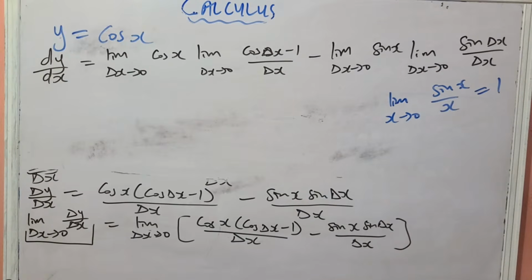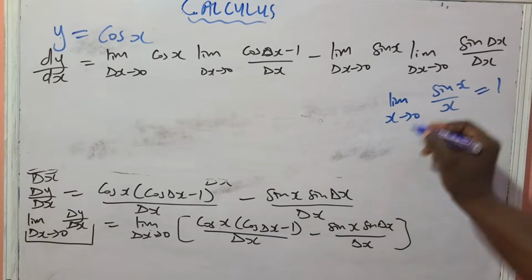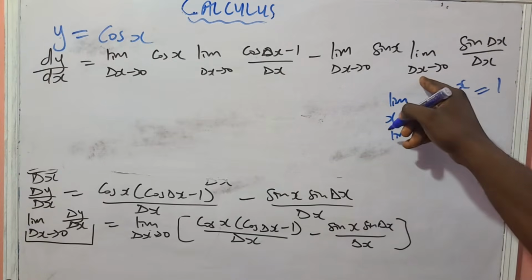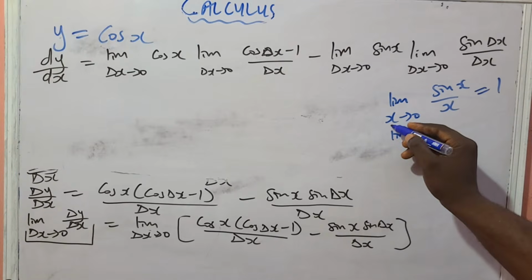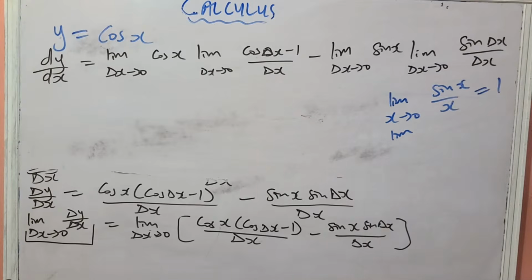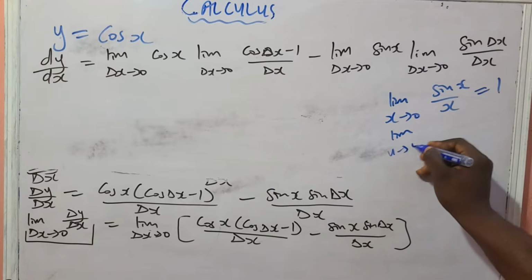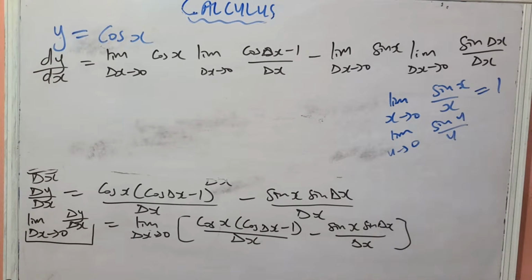So look at this. If you look at this, you observe that this and this look alike, just with the difference that instead of x now you have change in x, which doesn't really matter. x here is change in x. You could have x as u in another equation. That means I could even say limit as u tending to 0 of sine u over u. The question is, do I need to go on to resolving this?